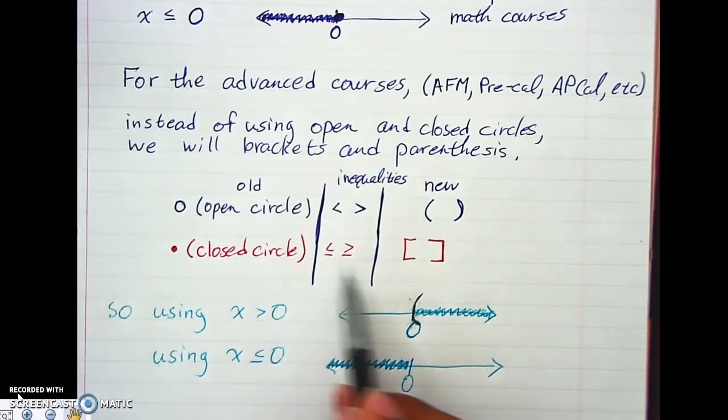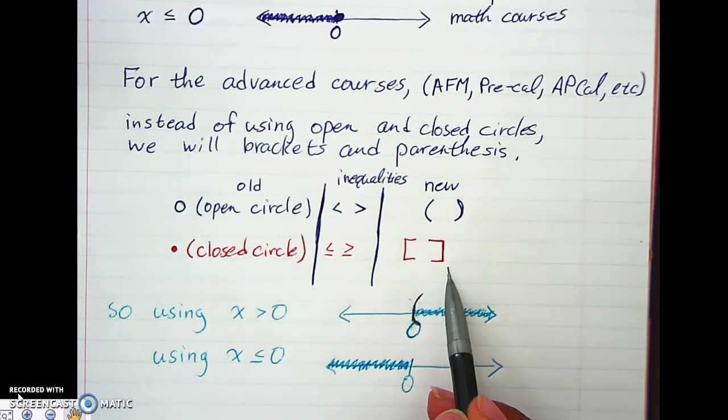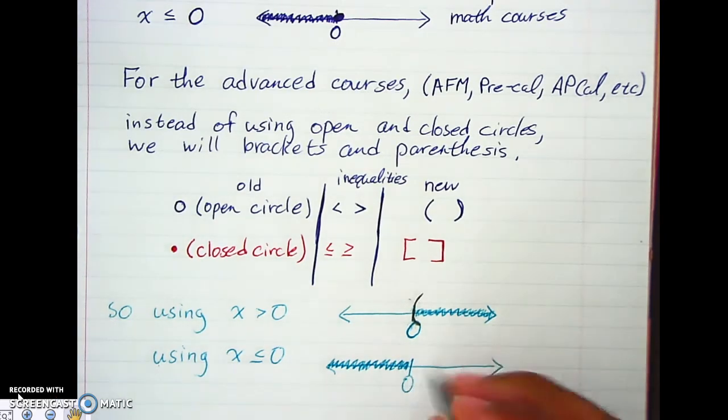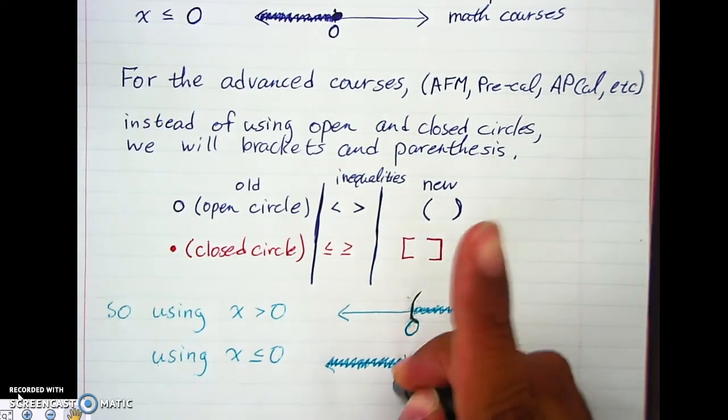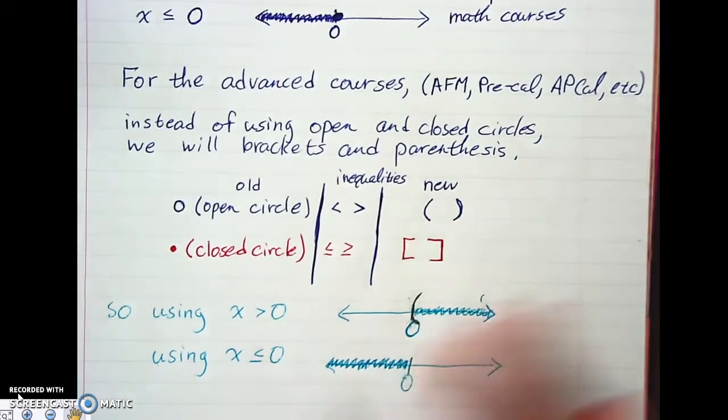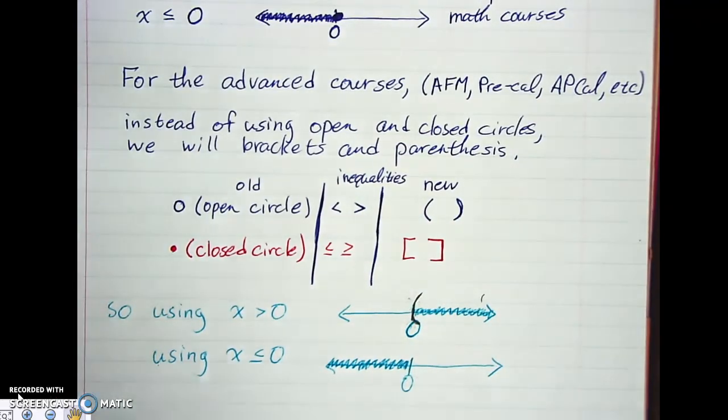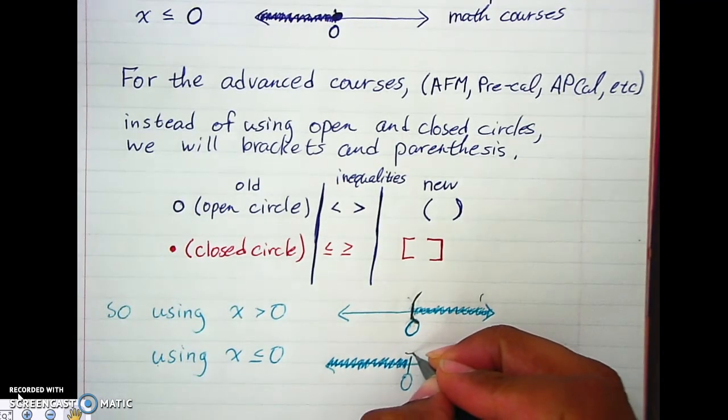That means we have to use one of these, so it's a bracket. Again, we're trying to cup it around the shaded part. So we can't use this one because that's not cupping around the shaded part. That's hitting the back of it, which doesn't make sense. It's like you're trying to pour water into the back of a cup instead of into the cup. We need to pour it into the cup. So here we're going to do a bracket around here.